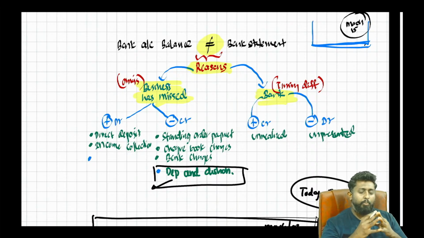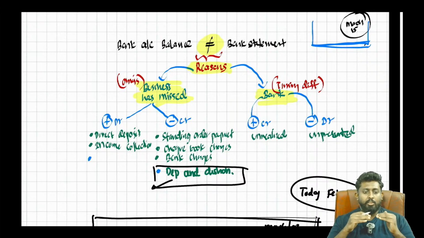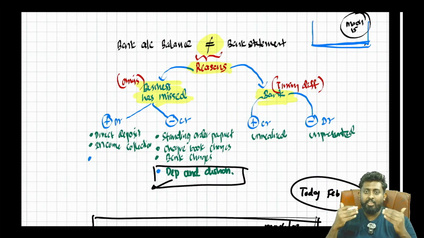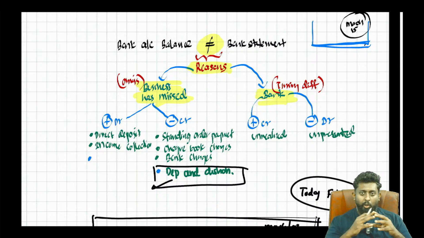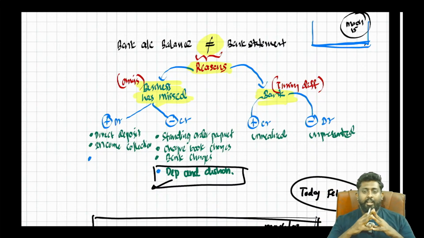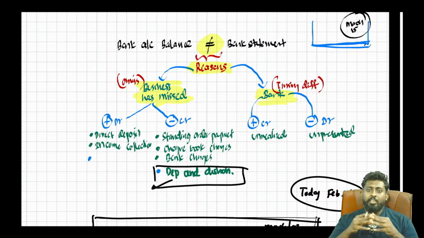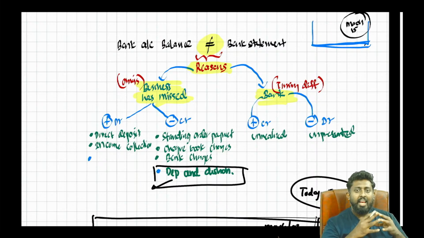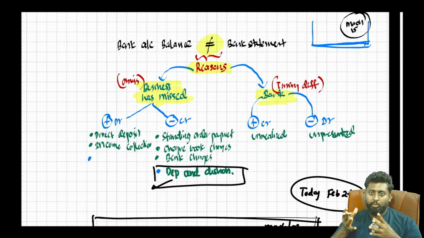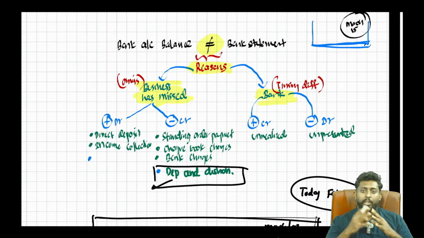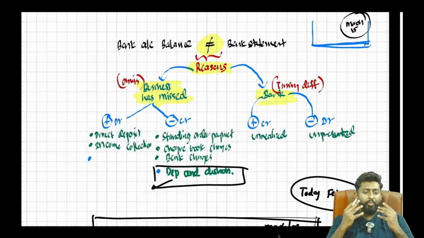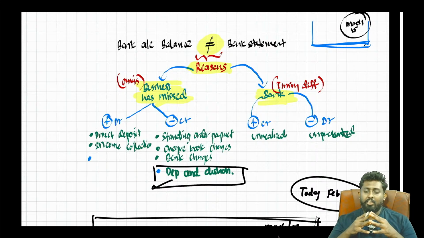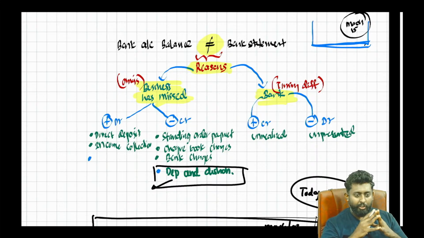At the end of the period, both balances should be the same, because both record the same transactions related to the relevant bank account. However, there are some transactions omitted by the business, and two types of checks that the bank will normally not record. So we have to prepare a bank reconciliation statement pointing out these differences.